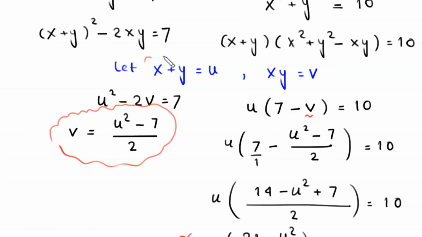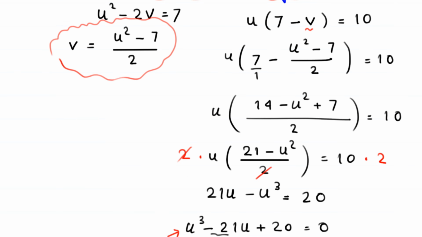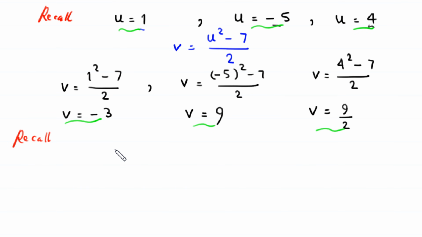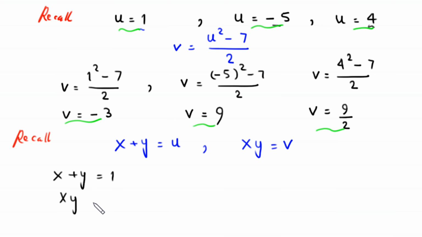Now recall that we have supposed that x plus y equal to u and x times y equal to v. So from this case we get a system: x plus y equal to 1 and x times y equal to negative 3.